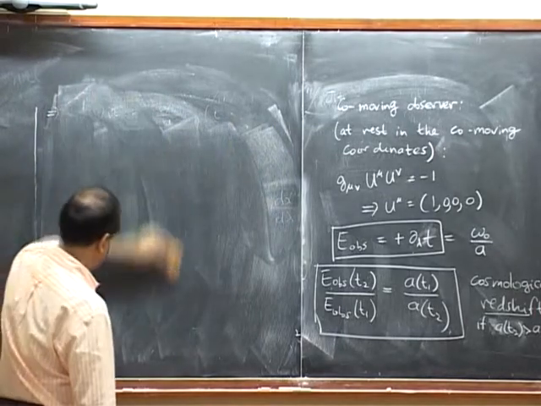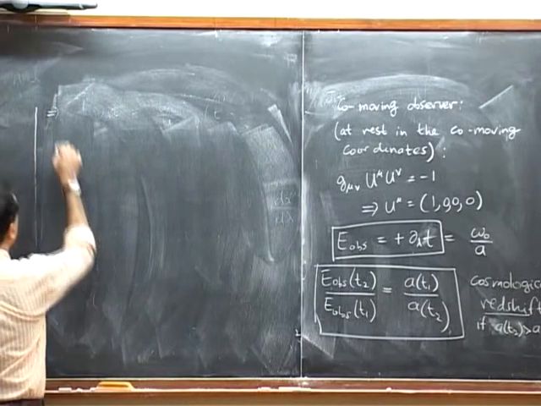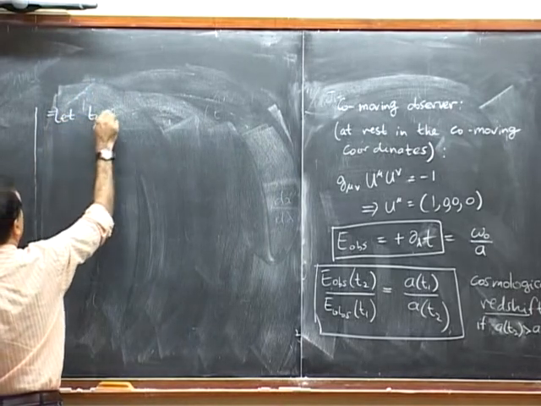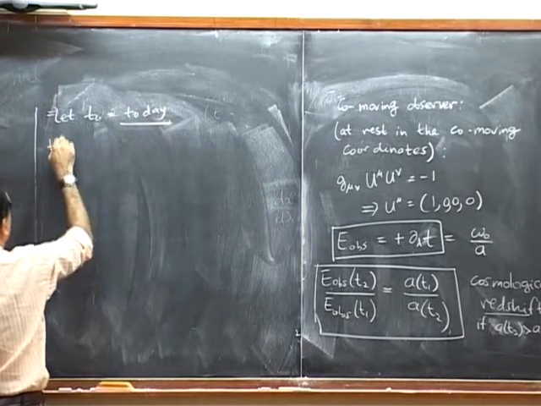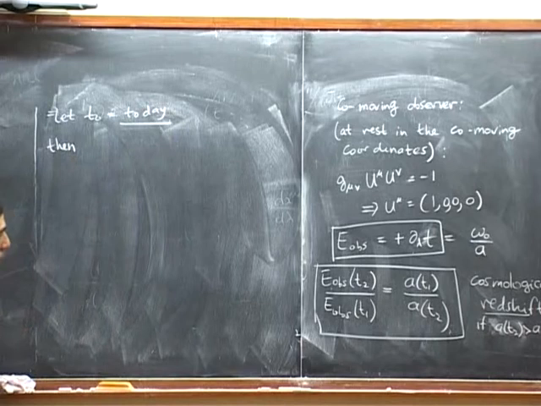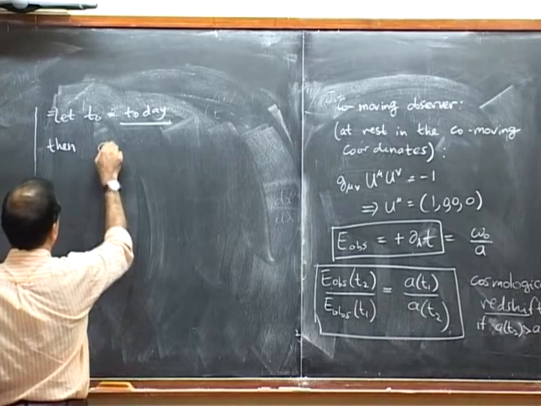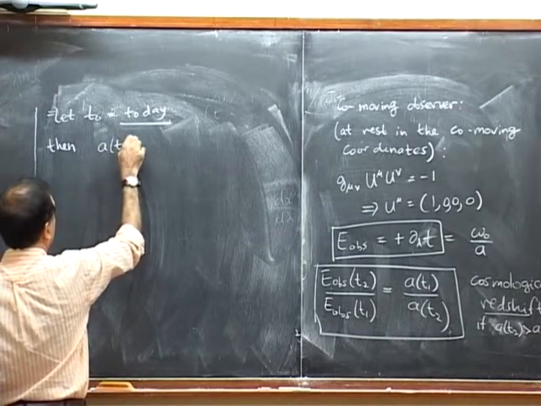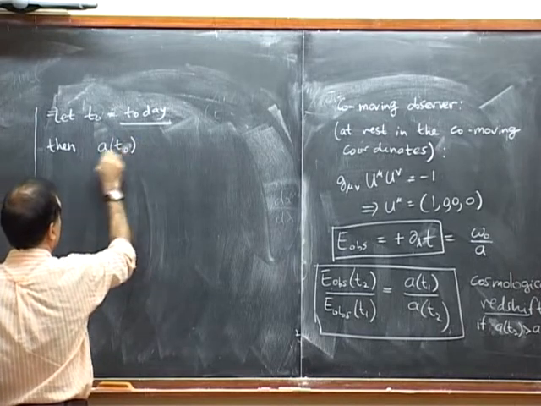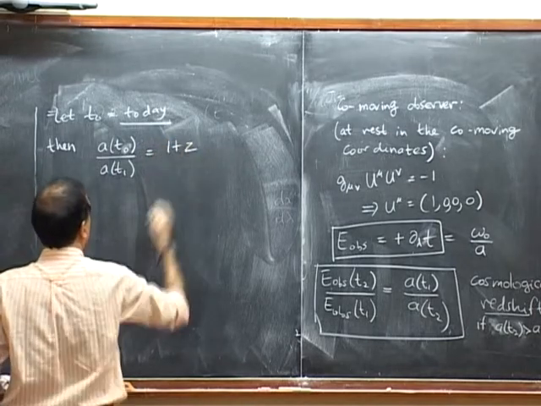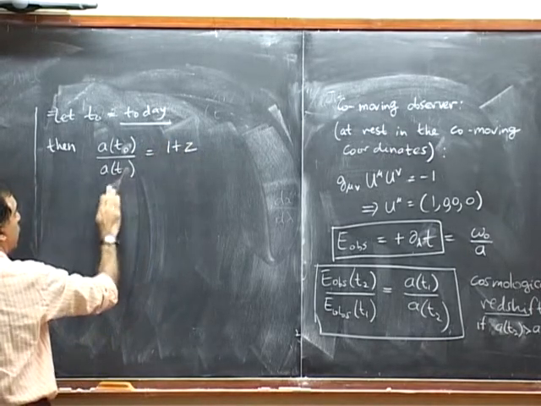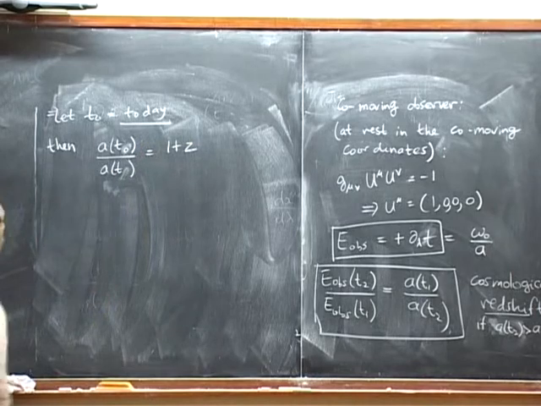So now we can parameterize the redshift as follows. Let T0 equal today. Then the redshift we want to parameterize by writing that A of T2, which is actually T0 now, over A of T1 is 1 plus Z. Or let's call T1 just T, so this is just a change of notation.